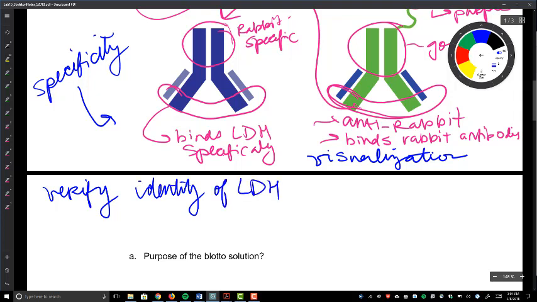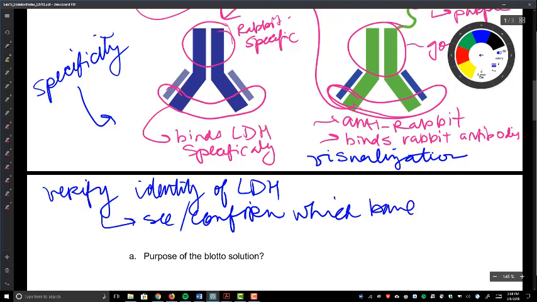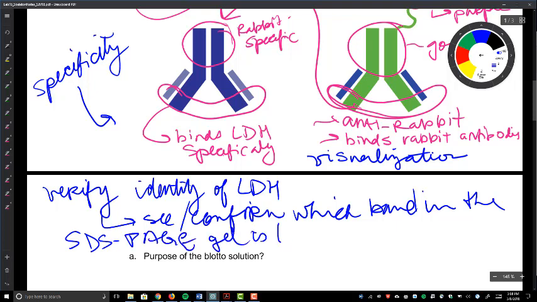Hopefully, if your marker transfers, you'll be able to confirm that the LDH band is at the same place in terms of size that you would expect it to be on the SDS page gel. But this would allow you to see and confirm which band in the SDS page gel is in fact LDH.